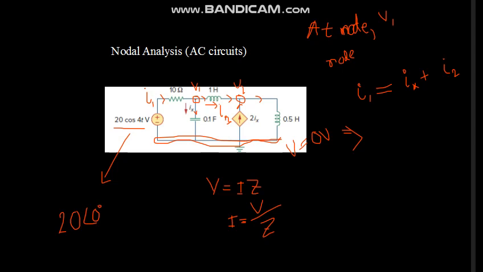Then you can see there is an angular frequency of 4, denoted as omega. So convert the capacitance and inductance using this 4 radians per second.